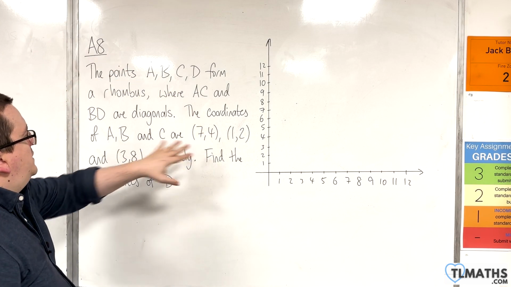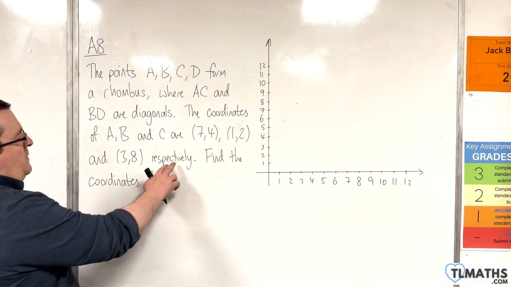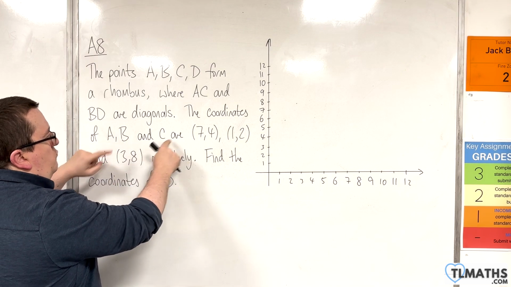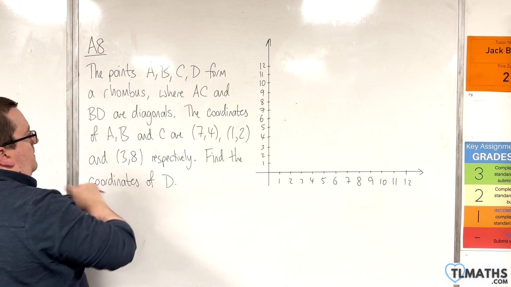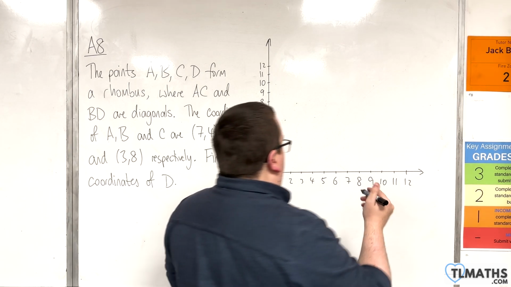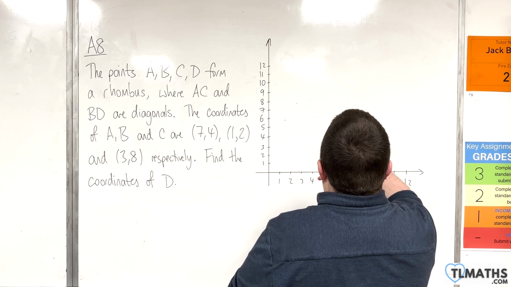Okay, right. So, first of all, let's plot these points. A has the coordinates (7, 4). The word respectively here makes sure that A, B, C are read in this order. So A is at (7, 4), somewhere around there.